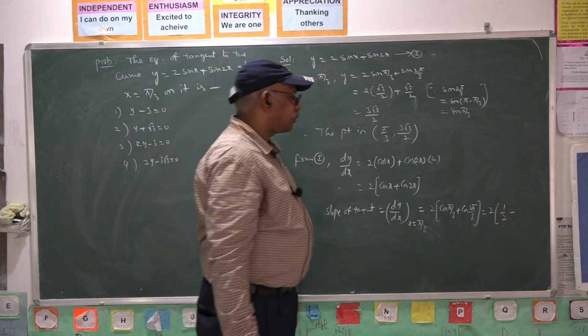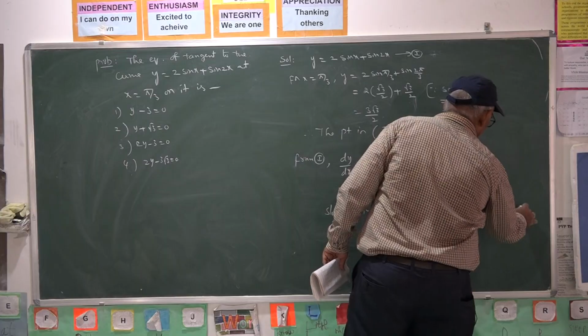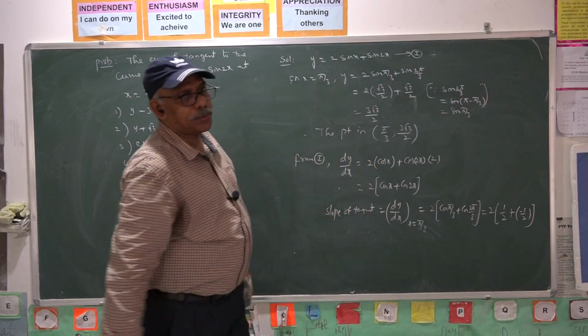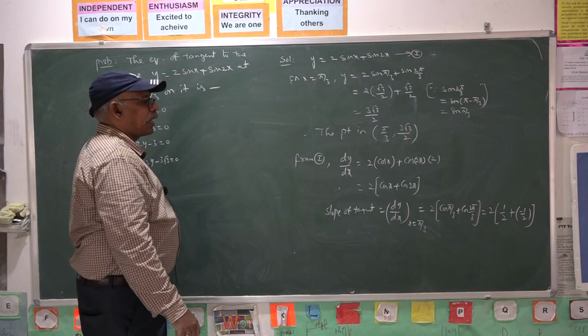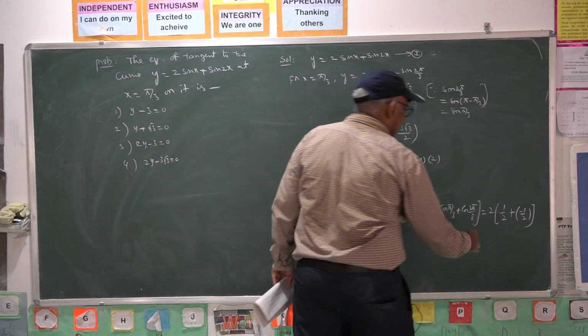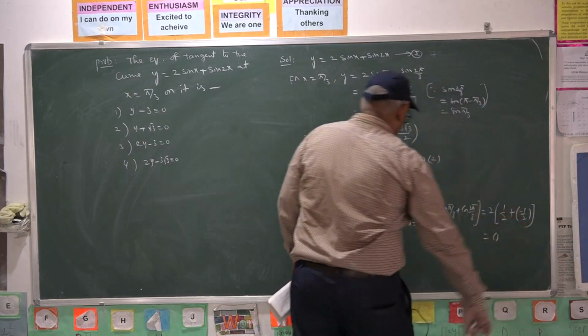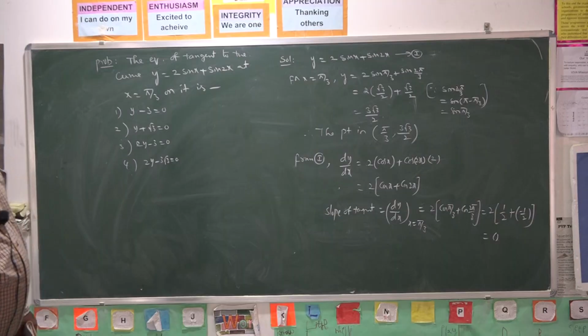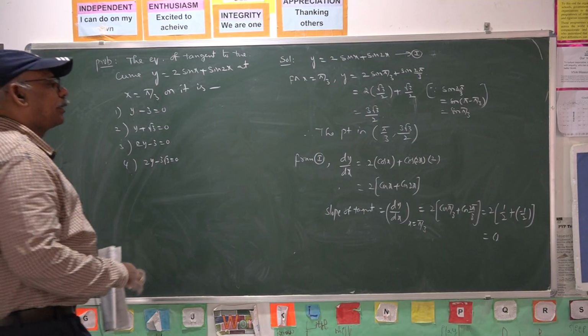Cos 120 is minus half because in the second quadrant it is negative. Moreover, cos of pi minus pi by 3 is minus cos pi by 3, that is minus half, hence 0. So the slope of the tangent at pi by 3 is 0 and the point is here.